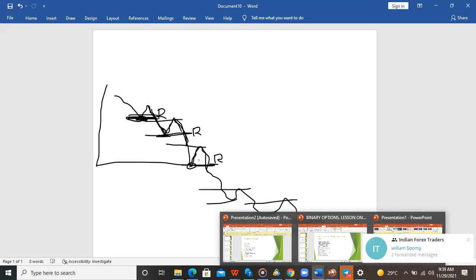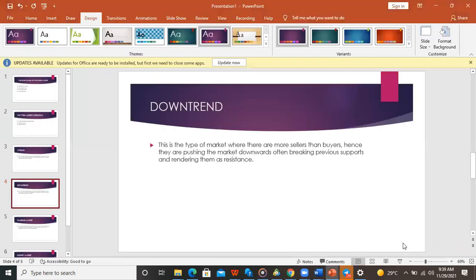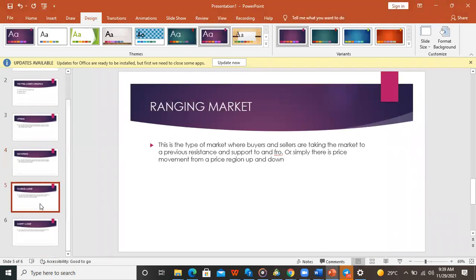Now let's go to the third one. Now the third one is a ranging market. What is a ranging market? This is the type of market where buyers and sellers are taking the market to a previous resistance and support to and fro from that place, and then it comes down from the same place, and then it goes back to the same place.